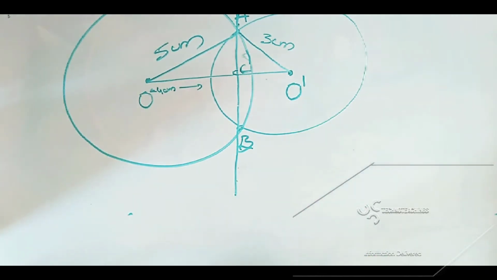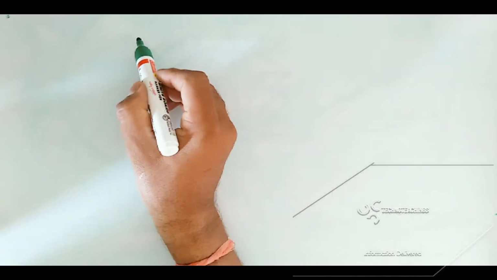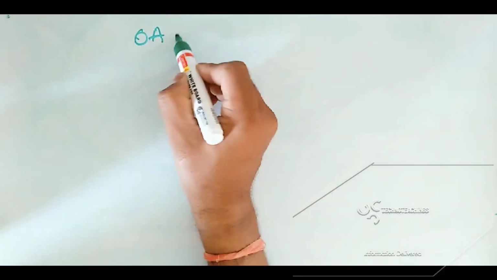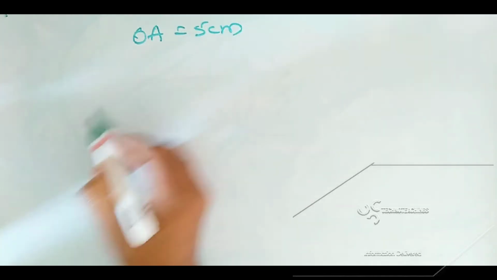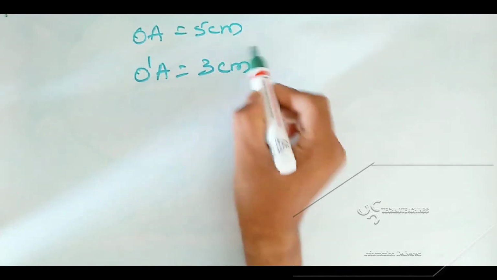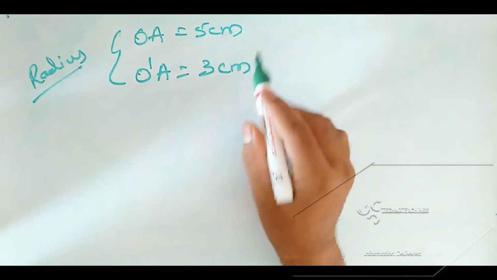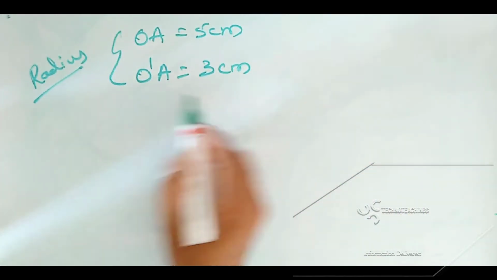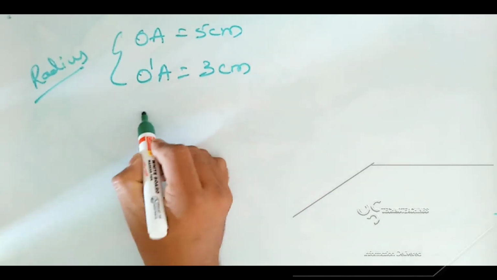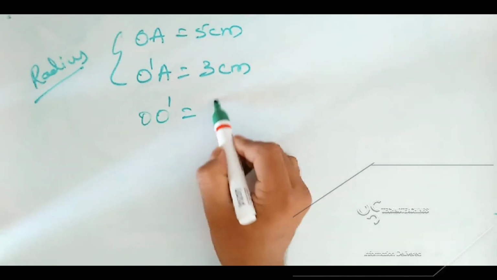You can note down this figure, you can draw this figure for future reference, my dear friends. As per the given data, we have OA equal to 5 centimeter, O dash A equal to 3 centimeter. These are the radii of two different circles, and the distance between centers, O to O dash, is equal to 4 centimeter.